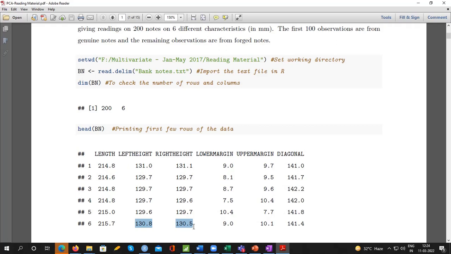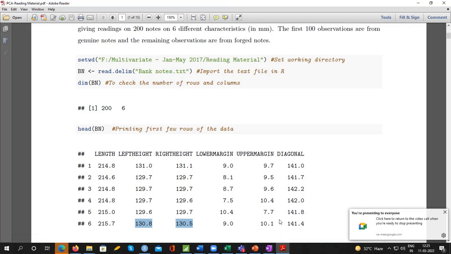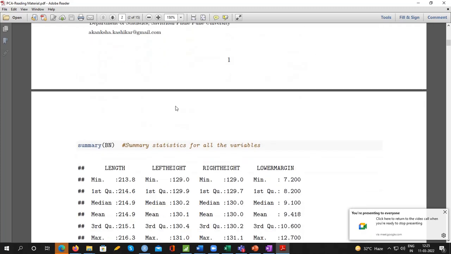We have to see if these dimensional measurements can be used to decide whether a given note is genuine or forged. That is our job. Generally, any data analysis exercise should start with exploratory analysis, so we will do the same thing here.